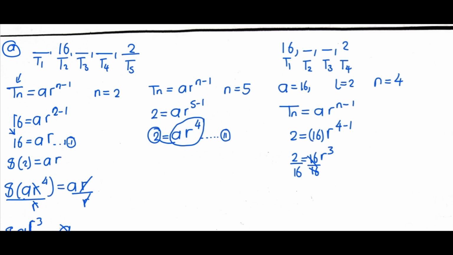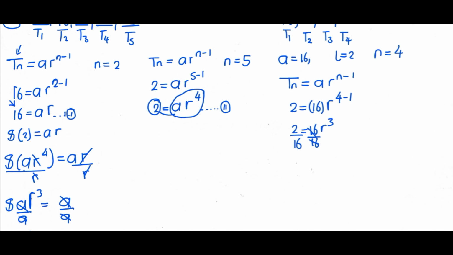If we divide by 16 and cancel, we can see that r^3 is equal to 2 over 16, which is 1 over 8. If we take the cube root, we see that our r will be 1 over 2, or 0.5. So we can see that we still have the same answer.